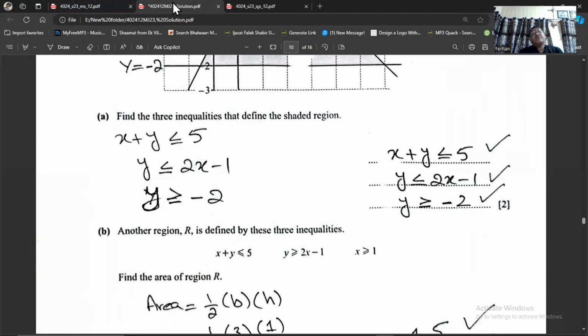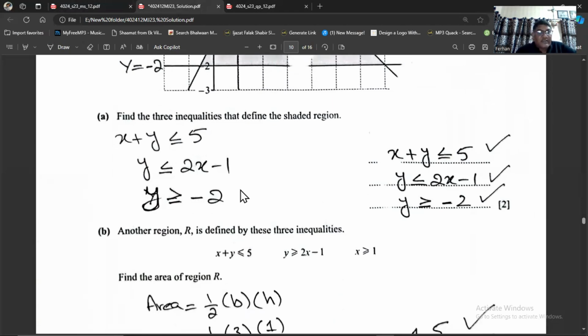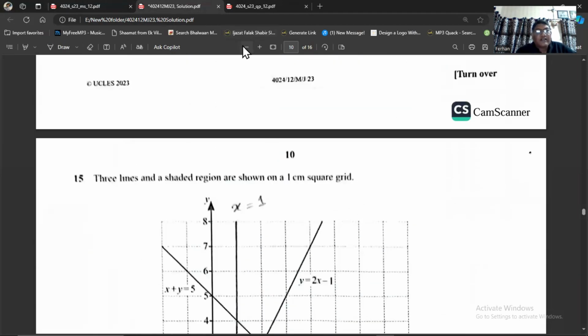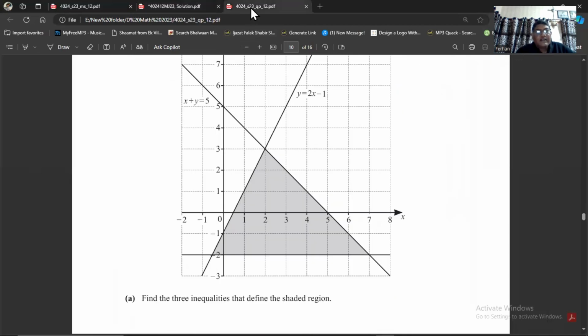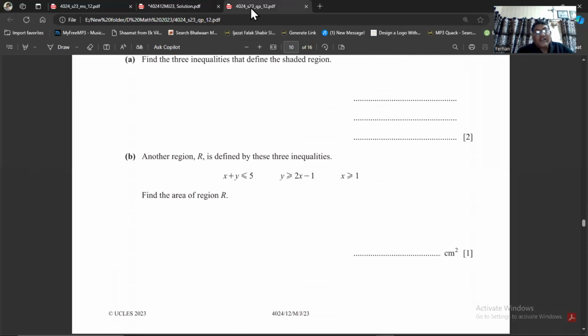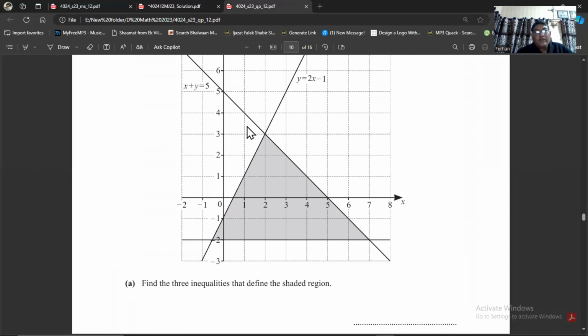Now we are on question number 15, and it's B part. He says another region R is defined by these three inequalities. So here we have x plus y less than or equal to 5, so you have to remain below this line.